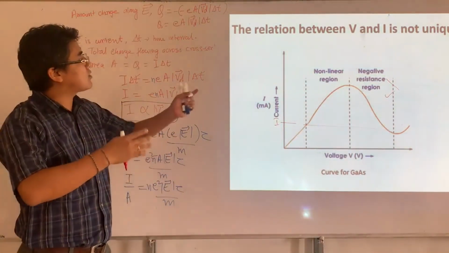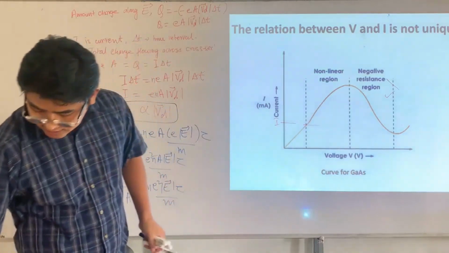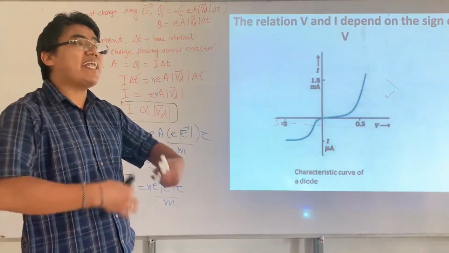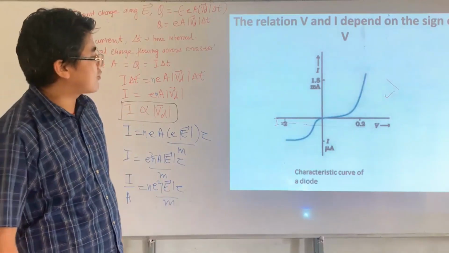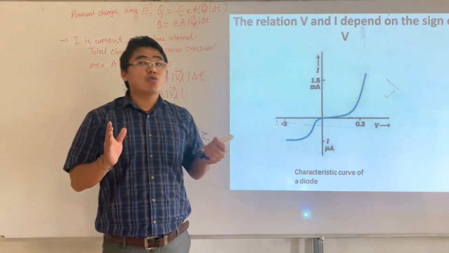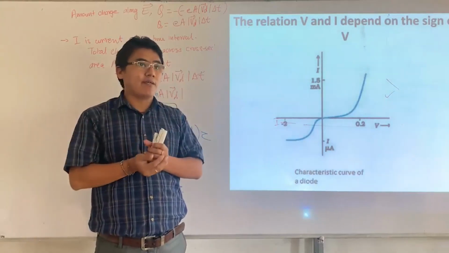So this is not valid. That means Ohm's law cannot explain this, so we need another law to explain it. This is what we are going to learn in maybe chapter 14. So with this, I have finished Ohm's law, limitation of Ohm's law, drift velocity. Okay, thank you.